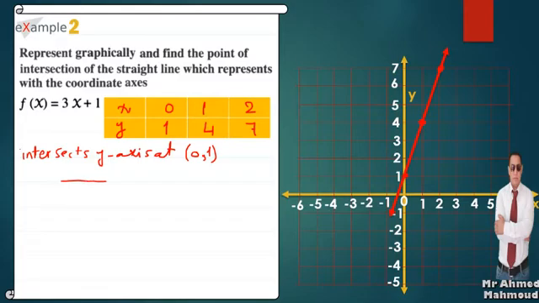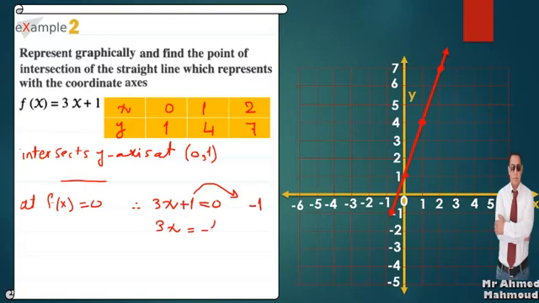How come? By putting f of x equal to 0, therefore 3x plus 1 equals 0. I'm going to send 1 there as minus 1, therefore 3x equals negative 1, and then I'm going to send 3 as divided by 3, then x equals negative 1 over 3.